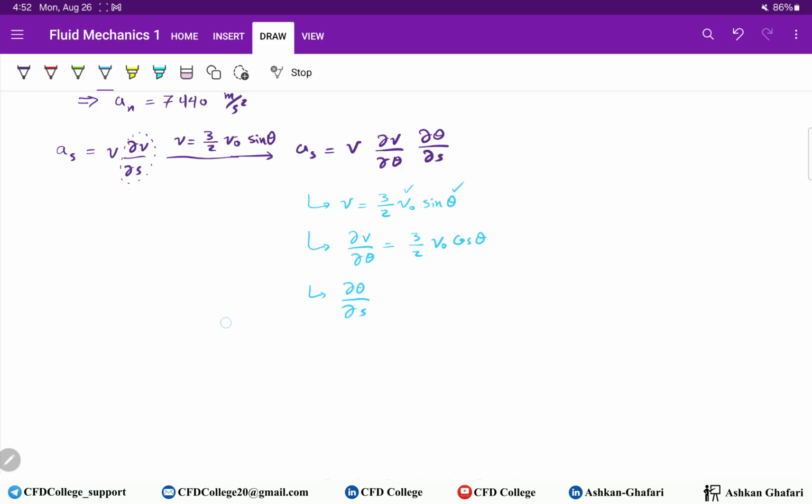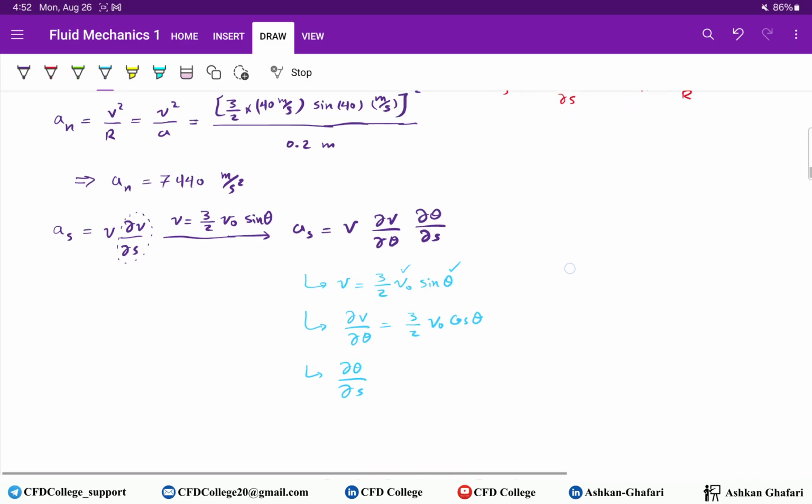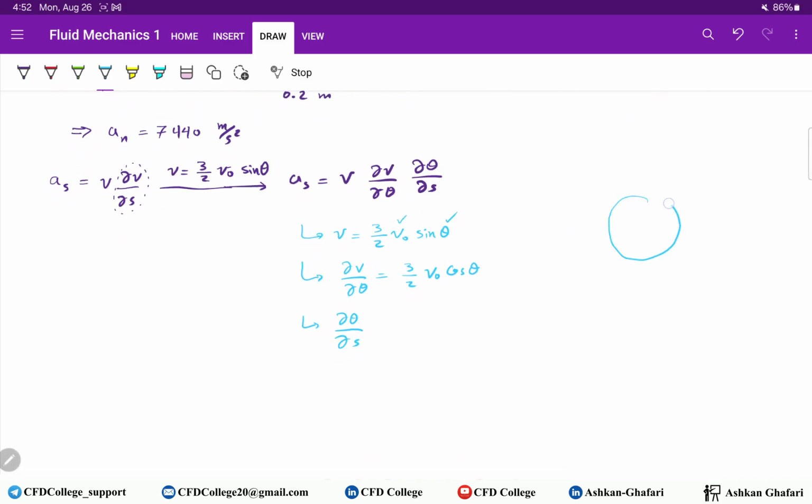As you can see here in the sphere, let me draw it again. When we move from this point to this point, here is theta and here is s, and we know that s equals the radius times theta.